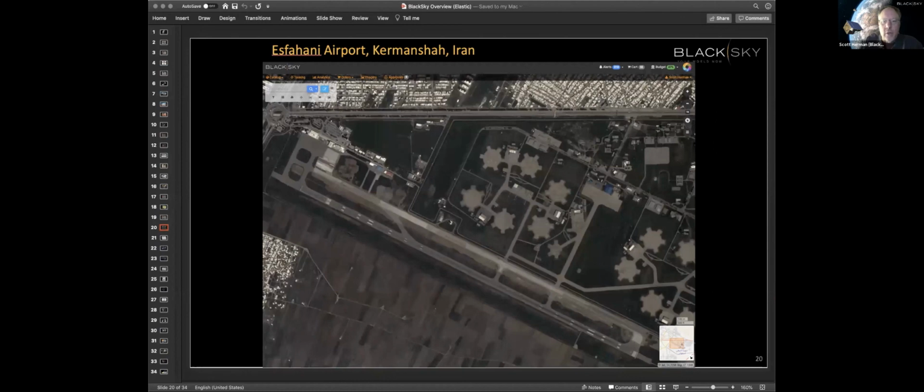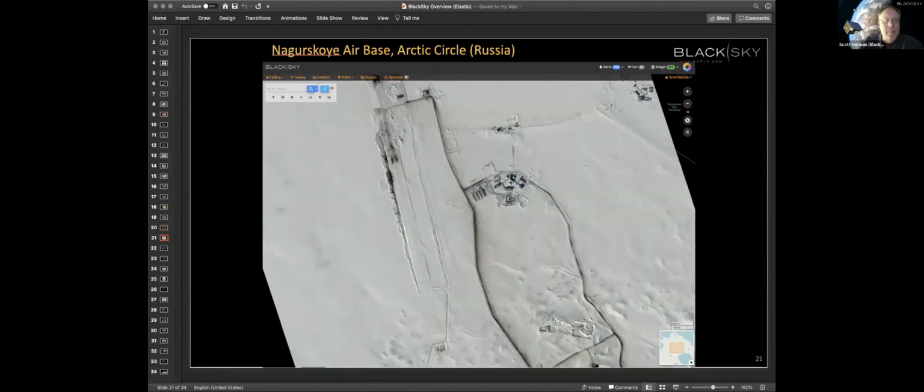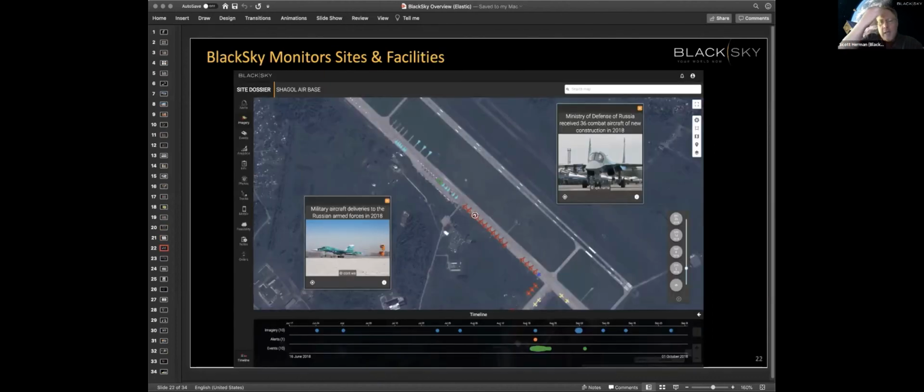Here's an airfield in Iran that we're keeping an eye on. Here's a Russian airbase up above the Arctic Circle. You can see that the runway is actually still covered with snow at this point that we're taking this picture. Because we can do this monitoring, it's not just taking pictures, it's actually measuring what's going on at those facilities. So in this particular case, what you see is an airfield, and our computer vision algorithms have identified the different types of aircraft that are parked at this runway.